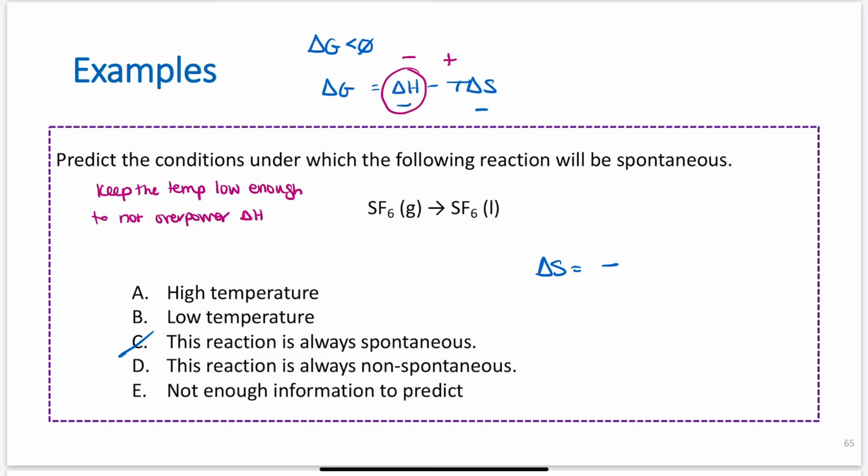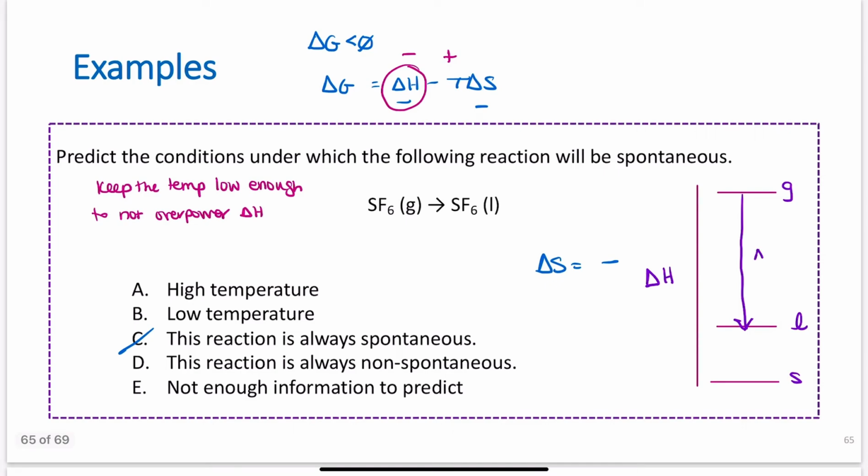Well, are we sure delta H is going to be positive? We don't have values, right? Solid phase, liquid phase, gas phase. Delta H going from the gas phase to the liquid phase is a negative number.